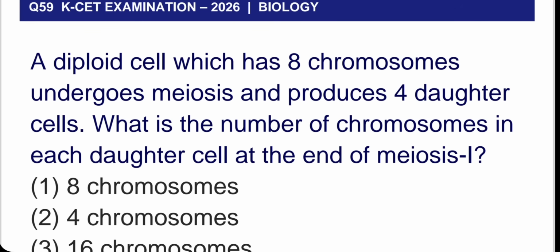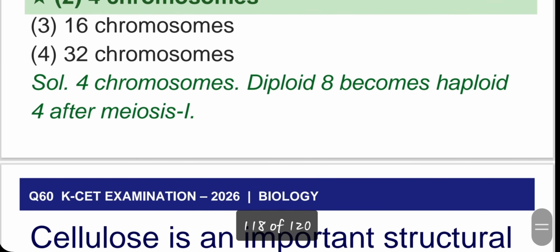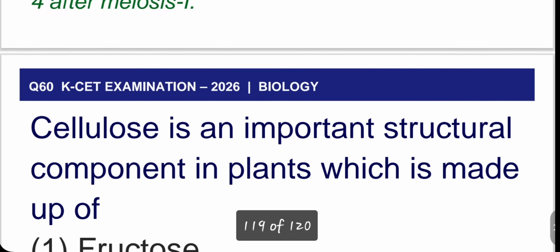In anaphase 1 there is separation of homologous chromosomes, because of which each cell that is formed has 4 chromosomes, but there is no separation of sister chromatids. So 4 chromosomes is the answer, second one. Diploid 8 becomes haploid 4 after meiosis 1.